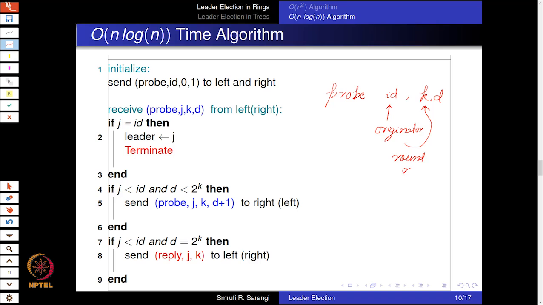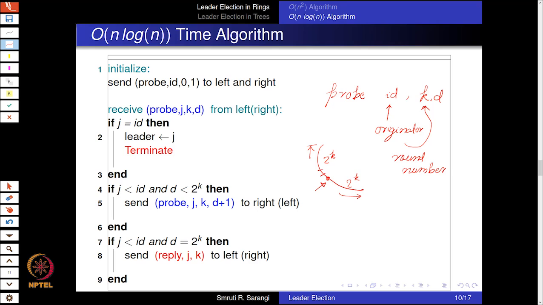So what I do is I consider arcs. If, let's say, I consider an arc of nodes, and let's say the originator is over here. So I pretty much consider 2 raised to the power k nodes clockwise and 2 raised to the power k nodes counterclockwise. So for me, this is the size of the window that I am considering.